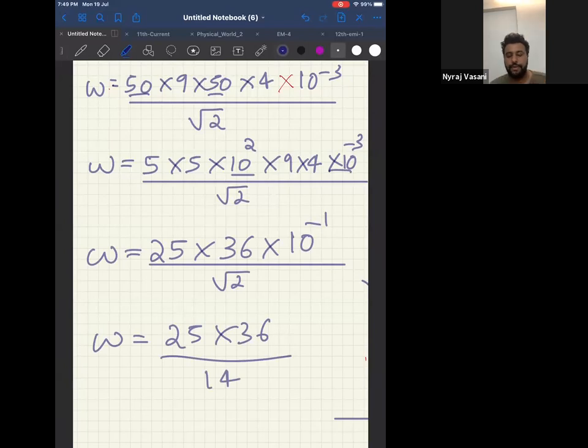Because root 2 is 1.4, and if I take 10 down, it will become into 10. Correct? So think what should be the almost answer? 2 7s are 14, 2 1s are 2, 2 8s are 16. Correct? 7 1s are 7, 7 14 21. Almost 4s are 18 into 4. Almost. Tell me what should be the answer.